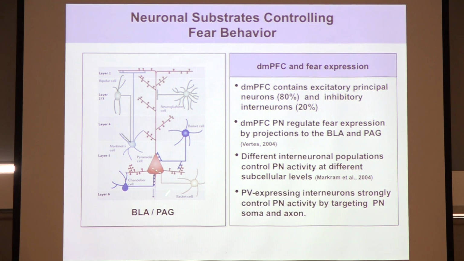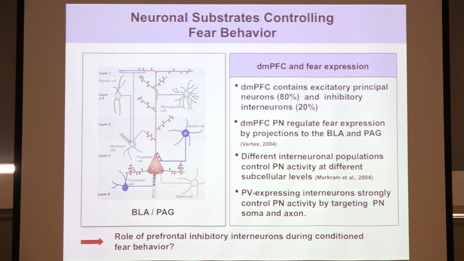The basket and the chandelier cells that control the cell body are known to express parvalbumin, so they are PV expressing interneurons. So in this study, we asked what was the role of prefrontal inhibitory interneurons during conditioned fear behavior, and in particular the role of the PV expressing interneurons.